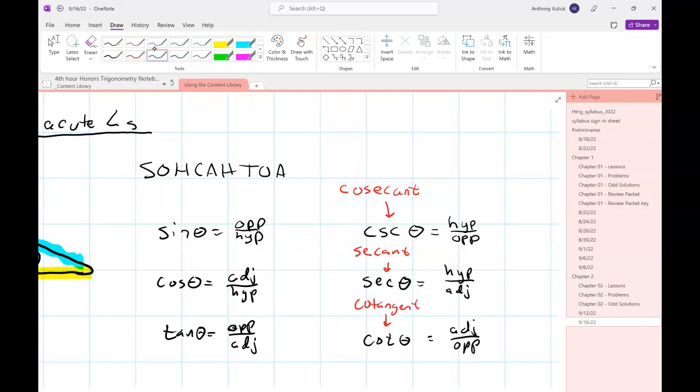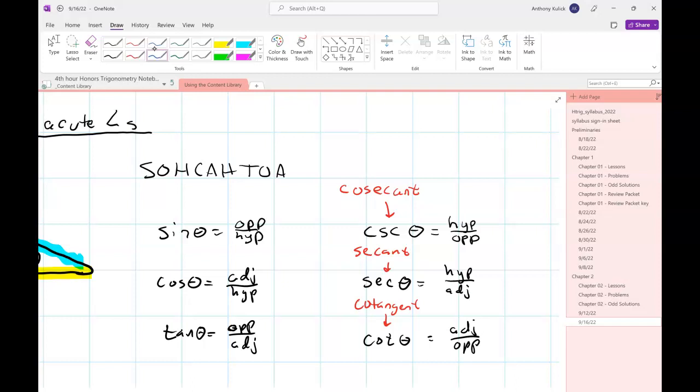Rather than memorizing 3 new ratios, all I really need to memorize is which one is the reciprocal of sine, cosine, and tangent. Now, I'm going to assume it's easy to remember that tangent and cotangent are reciprocals, because they both have tangent in their name. So all I need to remember then is that sine goes with cosecant and cosine goes with secant, right? So no, the cos go together.